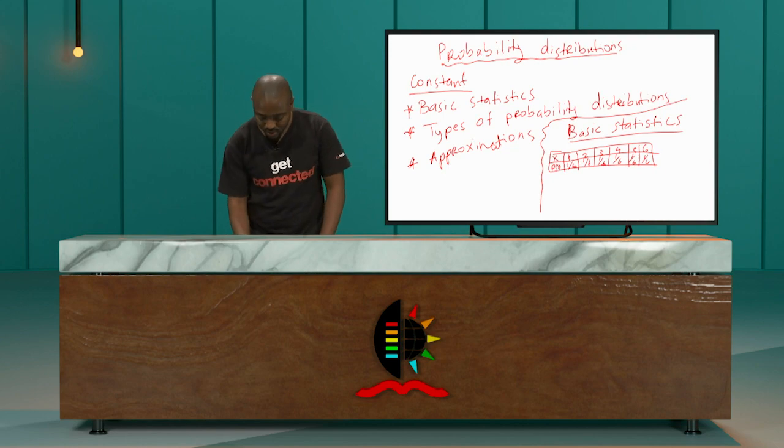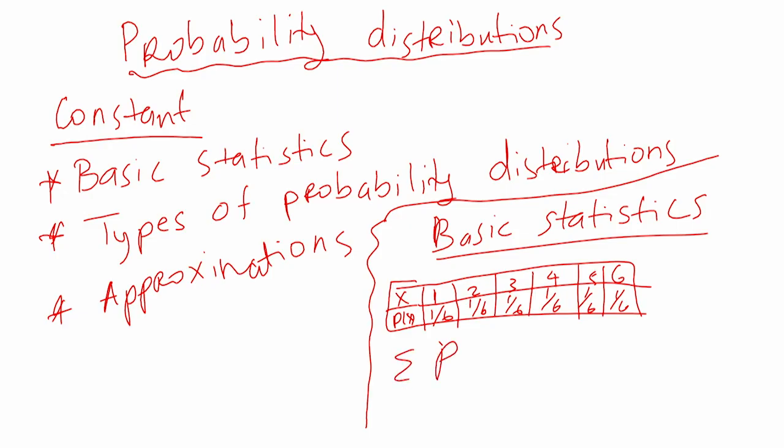What you need to understand is that the summation of all the probabilities of x equals xi must be equal to 1. What is the expectation? The expectation of x is equal to the summation of xi times the probability of x equals xi.